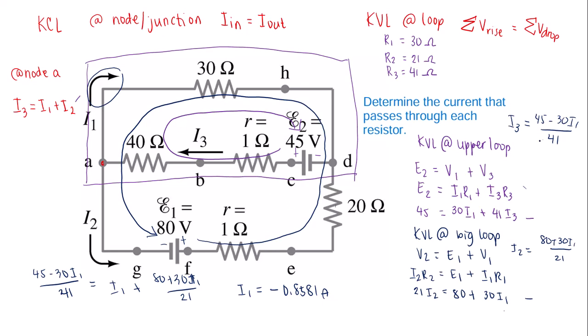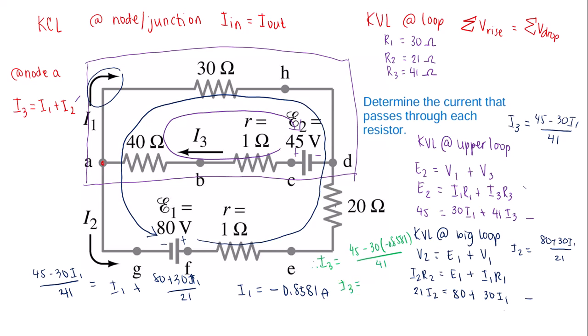Now to get the values for I3 and I2, we simply include the negative sign. So therefore I3 is equal to, so plug in, we have 45 minus 30 times negative 0.8581 over 41.